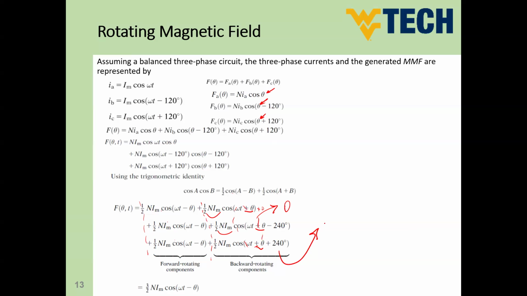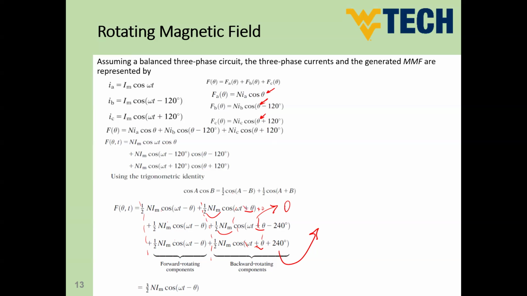So by the end, the summation is going to be 3 divided by 2 N I maximum cosine omega t minus theta. Cosine or sine, guys, is nothing but a rotating vector. For that, we can say, according to this derivation, the induced MMF of our machine is a rotating magnetic field.